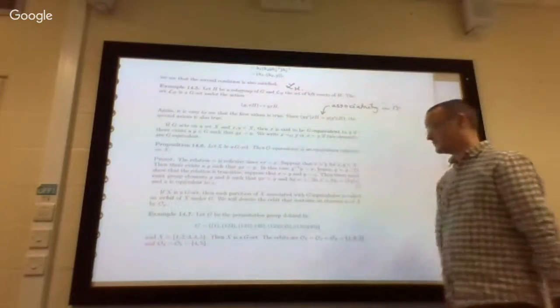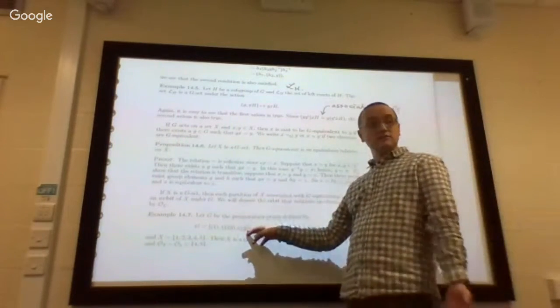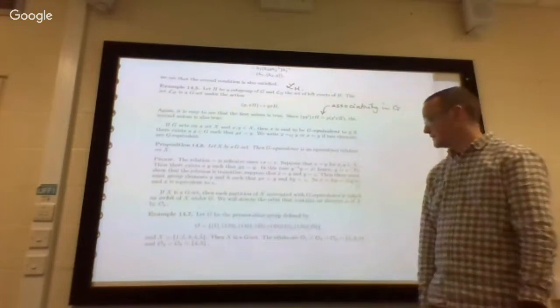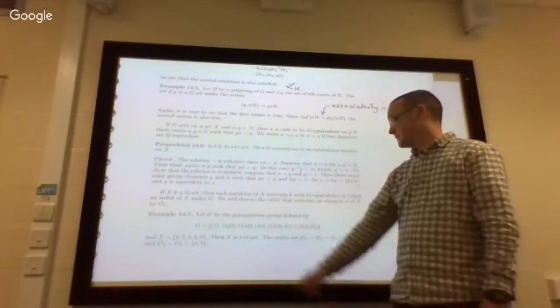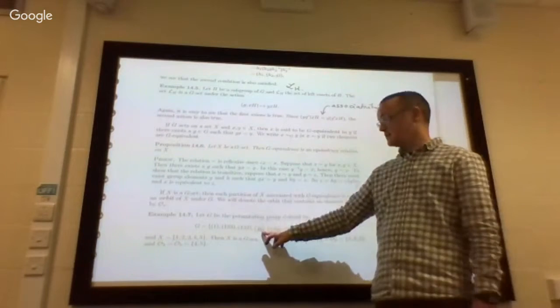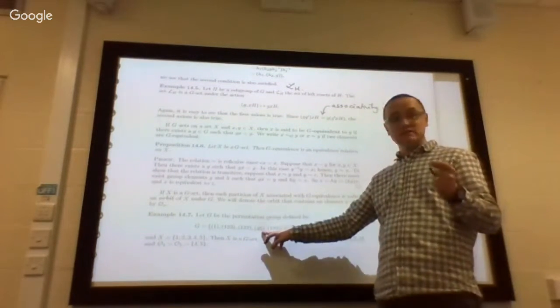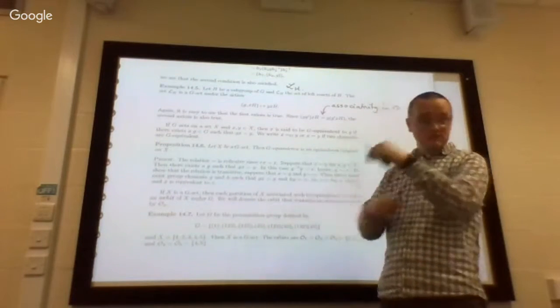Similarly, for (1 3 2), that also has the same fixed set, 4 and 5. For (4 5), the fixed set of that cycle is the set containing 1, 2, and 3, because 4 and 5 it swaps, so it does move those.